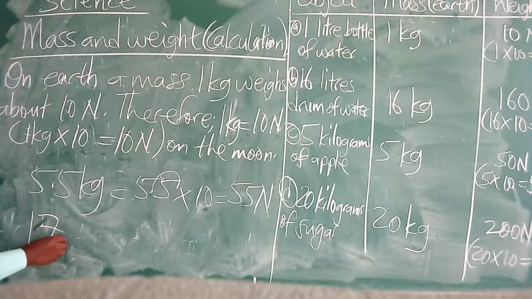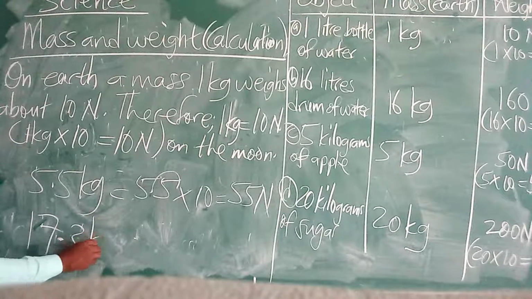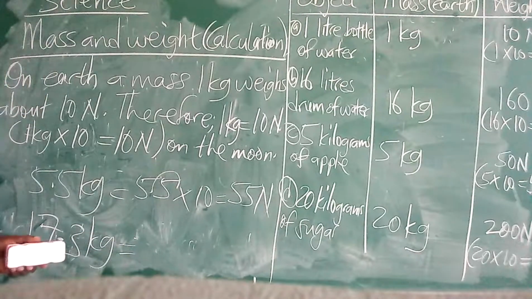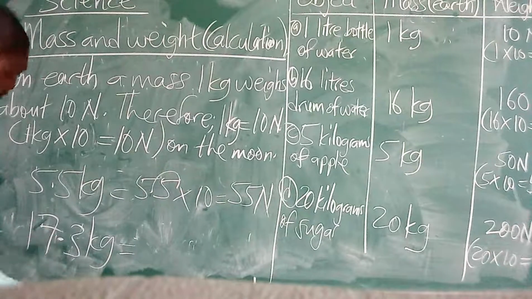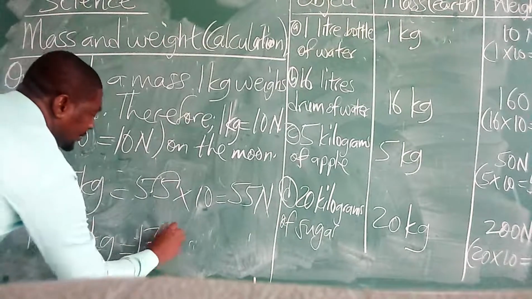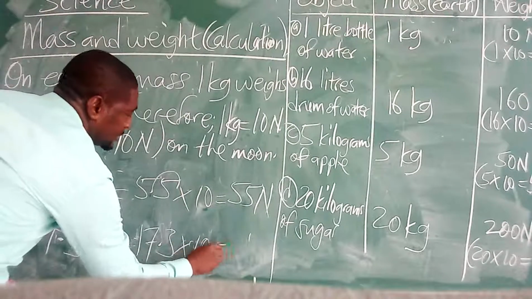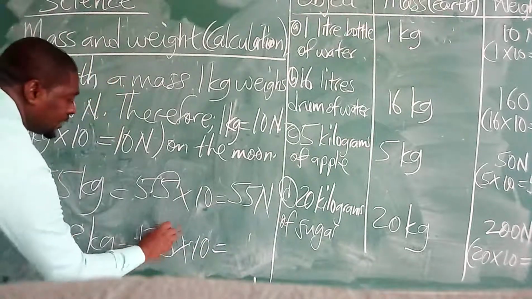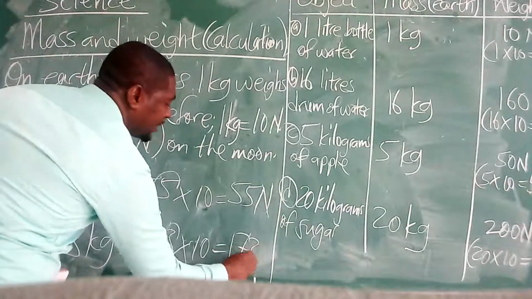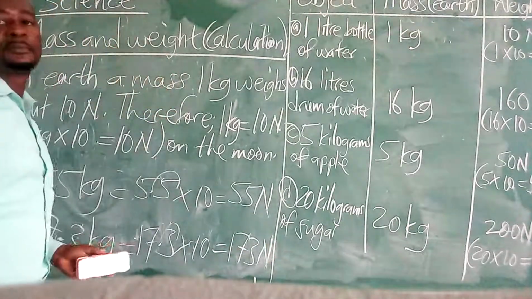The same thing if I have, let's say, 17.3 kilograms, the mass on the earth. On the moon, the weight will be 17.3 times 10. So here, this point will move 1, and it will be 173 Newton.